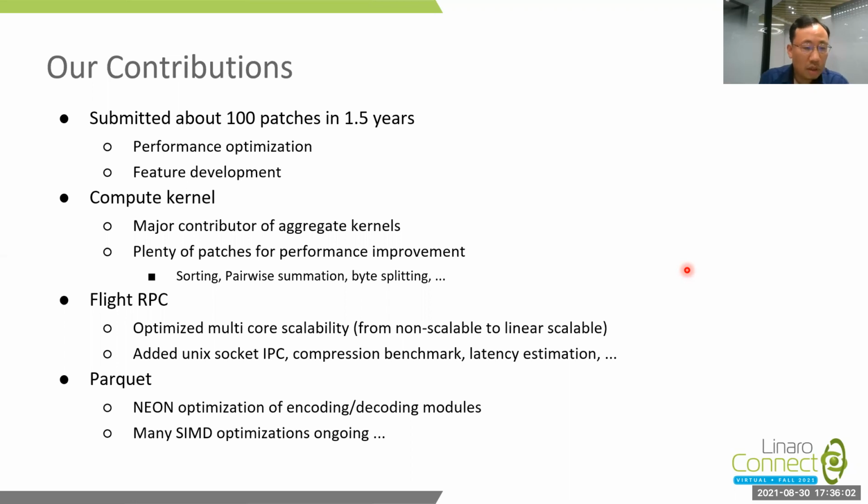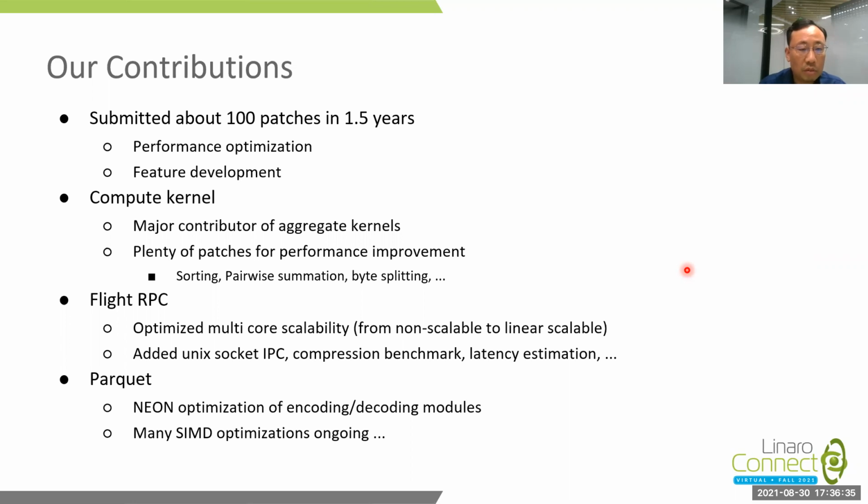Many patches have tens or even hundreds of times performance improvements. For FlightRPC, the most important contribution we made is optimizing multi-core scalability. FlightRPC was not scalable: you gave it more threads and more cores, but the throughput didn't improve. After our optimizations, the throughput became almost linearly scalable with the number of cores.